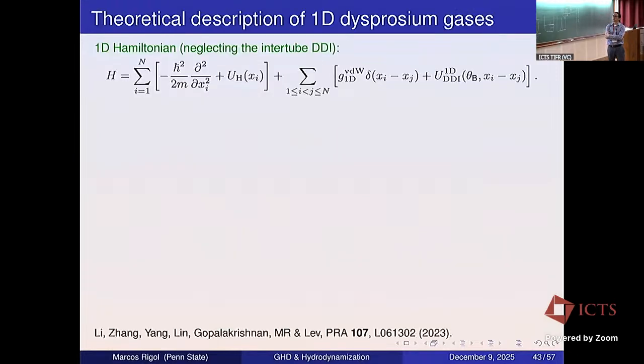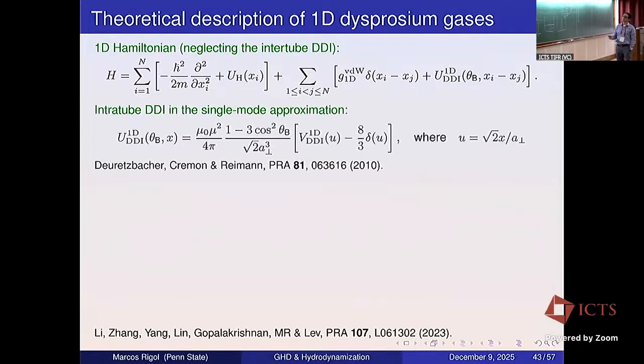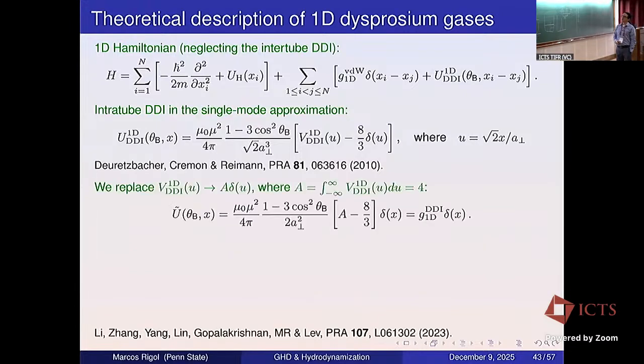A few of these things you already saw yesterday. This is a Lieb-Liniger model with this dipolar term, which within this single mode approximation looks like this. It has a contact part and this long range part. Of course, this makes the model non-integrable, and we don't want to deal with that.